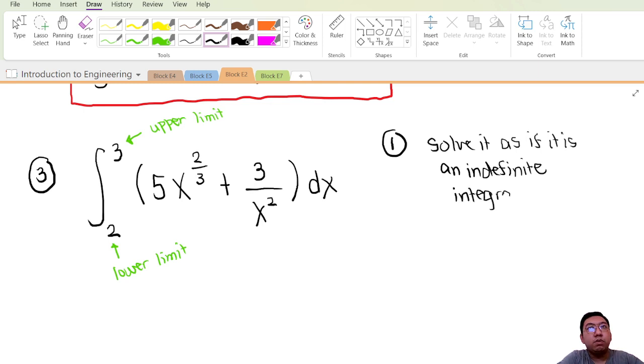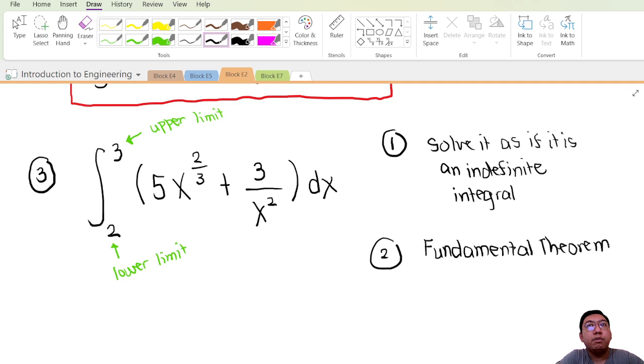And then the second step, after you solve it as an indefinite integral, is to apply the limits by using the Fundamental Theorem of Calculus. I will show that to you later. So let's solve it as if it's an indefinite integral.